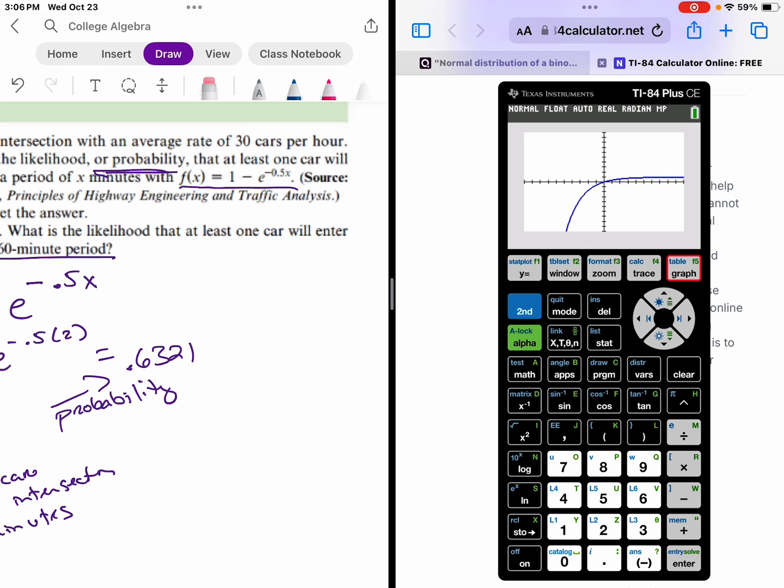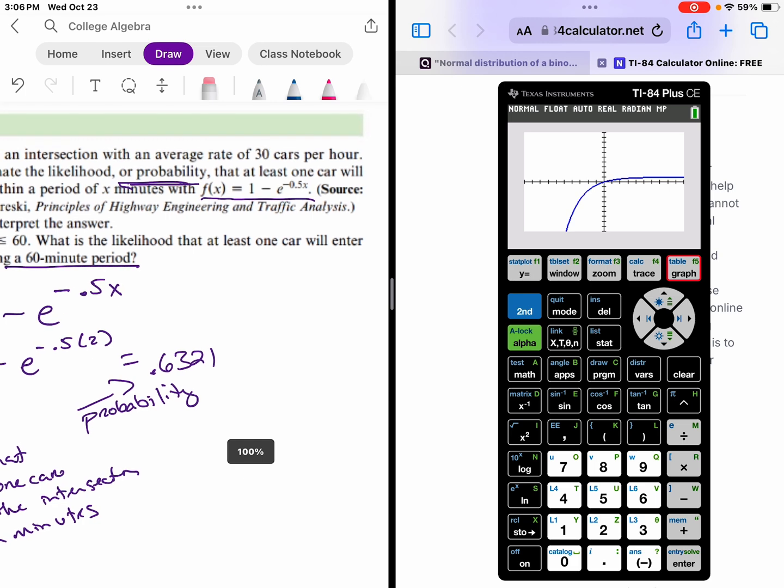All right. Okay, let's see that graph. And so now I'm supposed to say, okay, at least one car in 60 minutes.